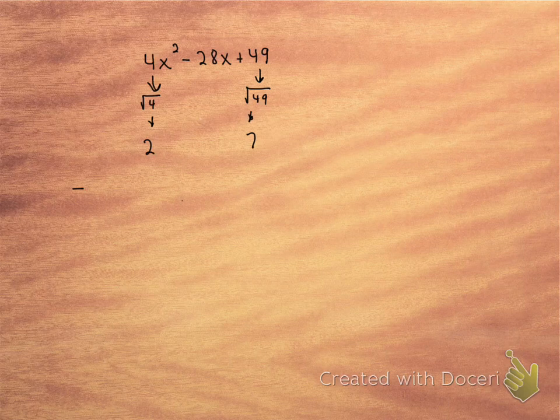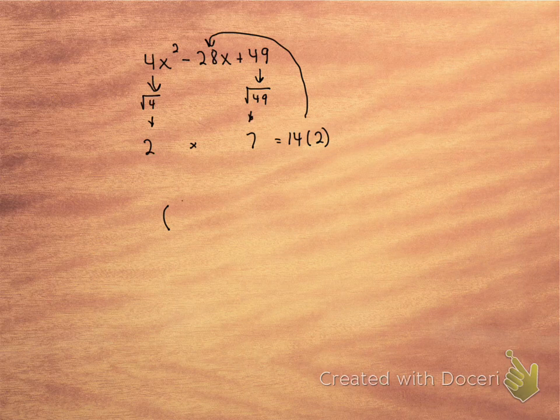So that part is done. Now we're going to multiply those two numbers together and get that product. If we can multiply that by 2, every time it's 2, and get the middle number, then this is a perfect square trinomial. And the perfect square trinomial would be a factor multiplied by itself twice.